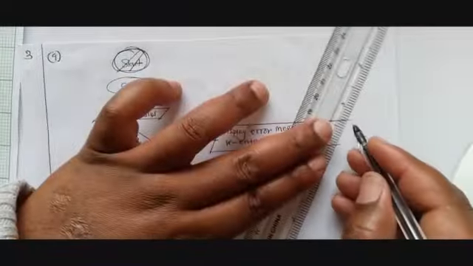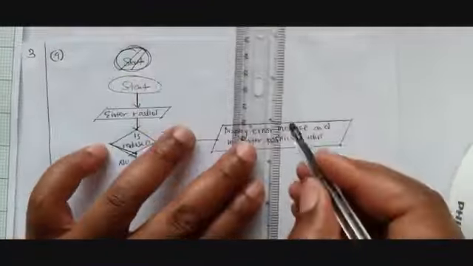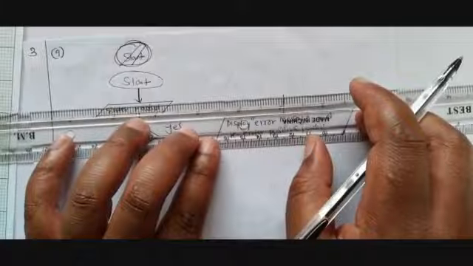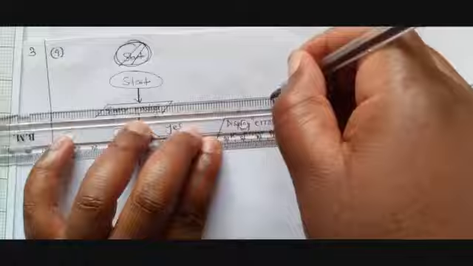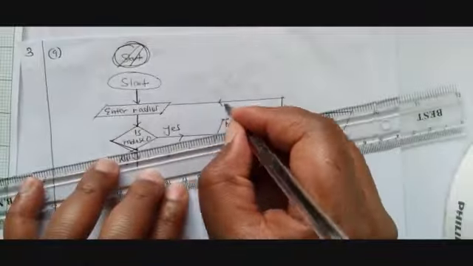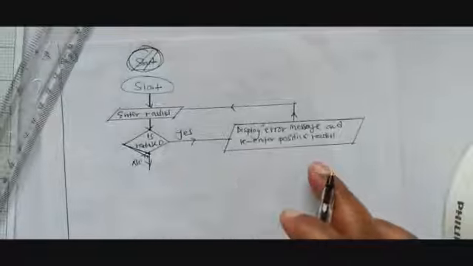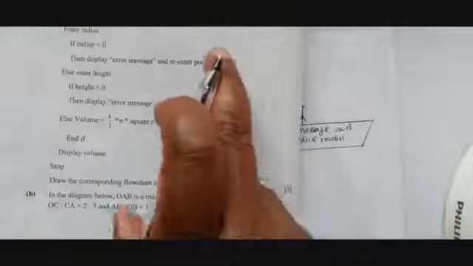By re-entering, it means we can go back here and loop. So we go back there and put an arrow. So if it is less than 0 for sure, then we display error message and re-enter positive radius.